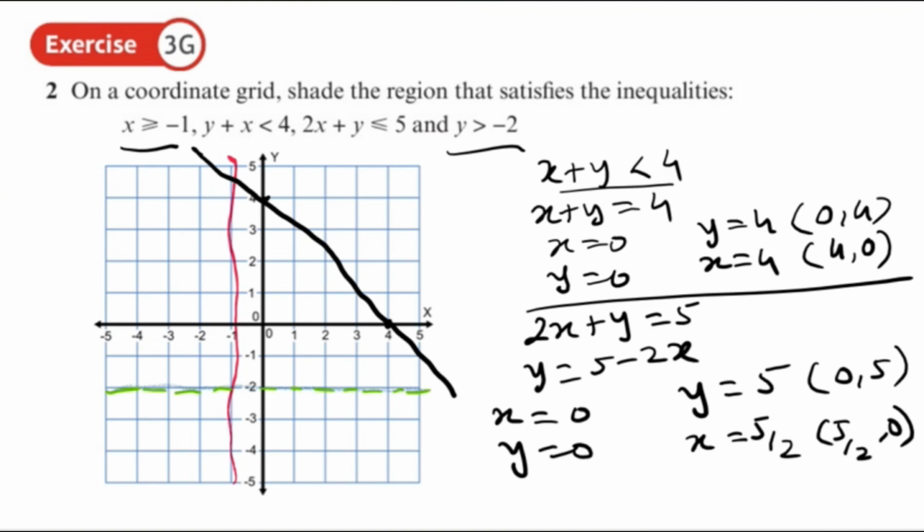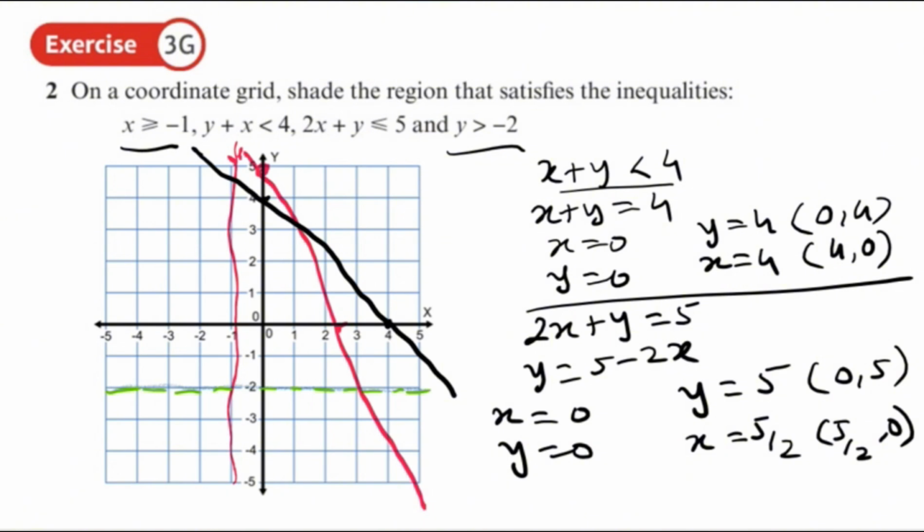So x is 0, y is equal to 5. Again I am using the red one, so that will give you this point. And (5/2, 0), so that is 2.5, will give you this. This line is there. Now we have got all the lines.